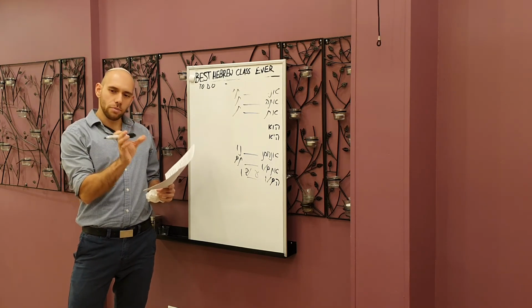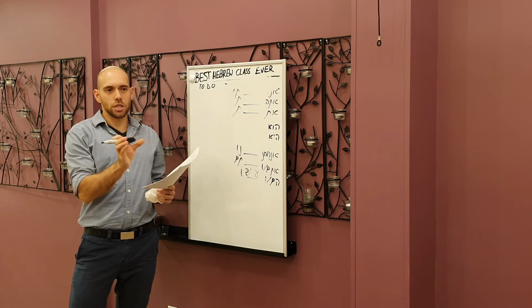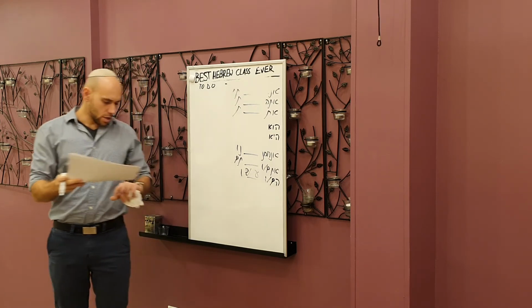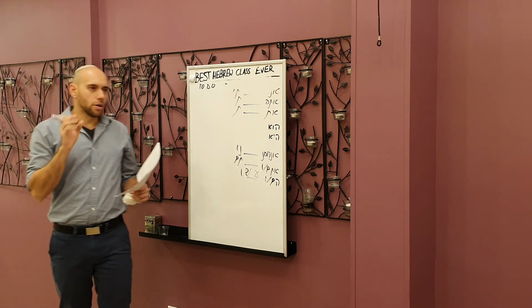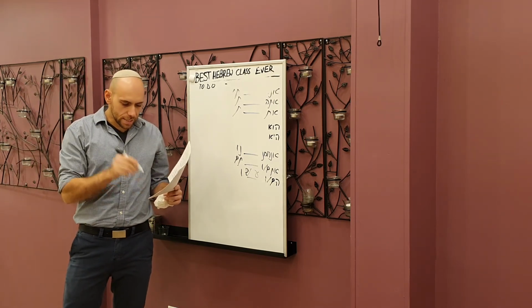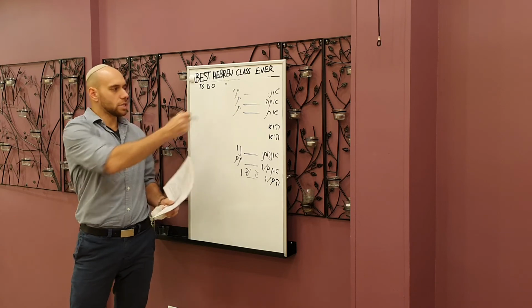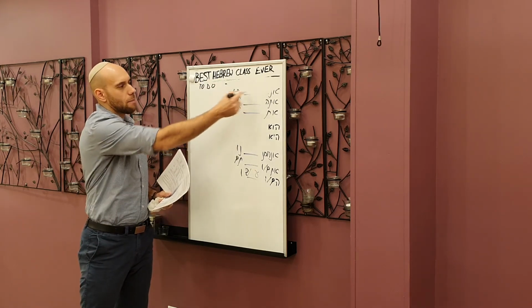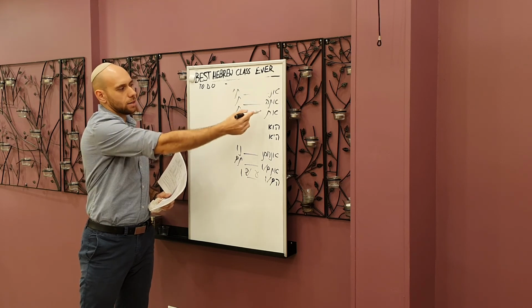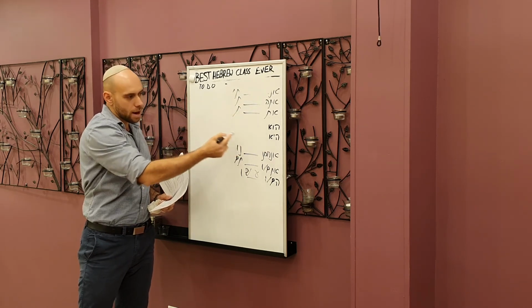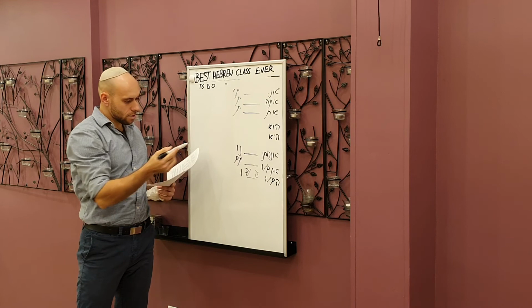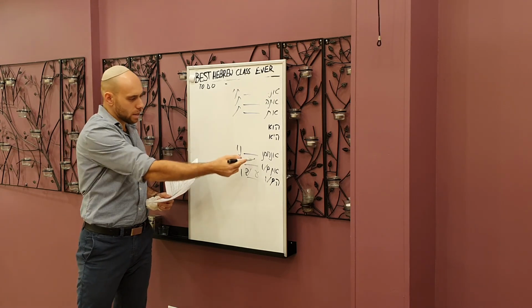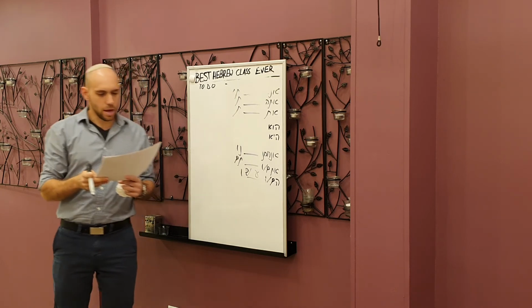Once you get that base form, which is the masculine singular past tense form, the 'he' form, in this case ne'emar, all you do is apply these endings to it, and it becomes a piece of cake. Ne'emarti, ne'emarta, ne'emar, ne'emra, ne'emarnu, ne'emartem, and ne'emru.